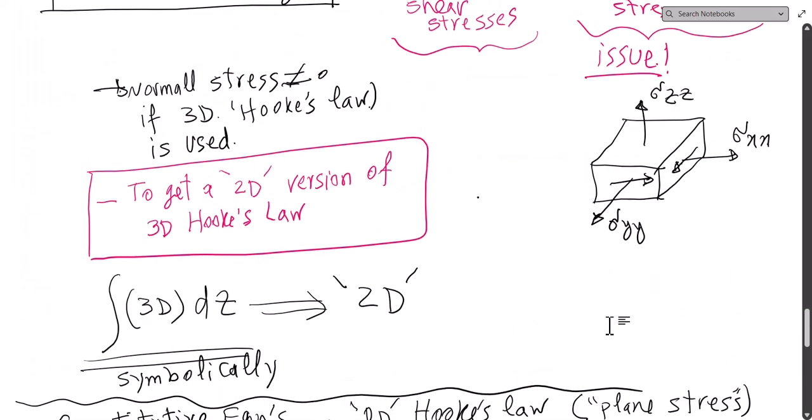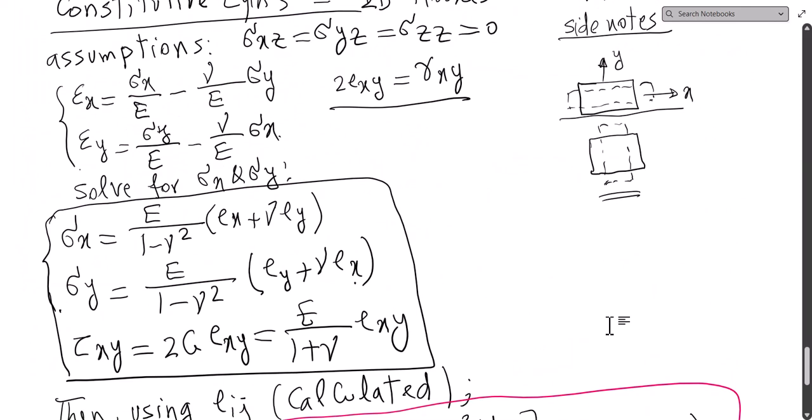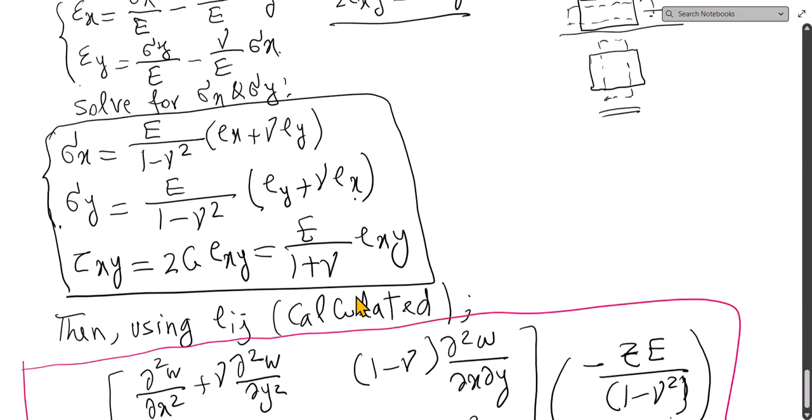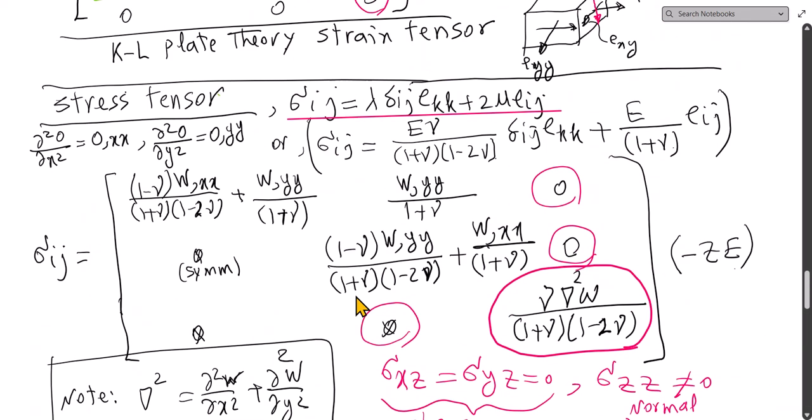So if you don't have traction, then this stress sigma zz is 0, and then we have a 2D, two-dimensional. So the point again here is that you cannot take it from this and say, okay, I get this. You get some coefficients of each of these elements here wrongfully.